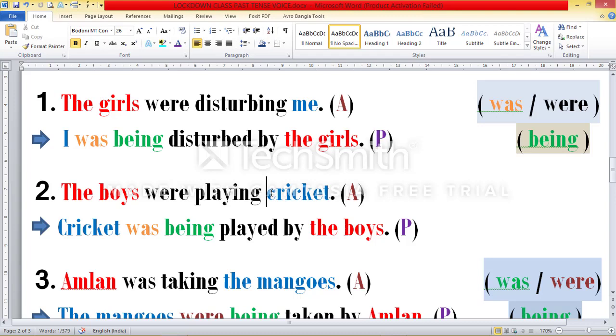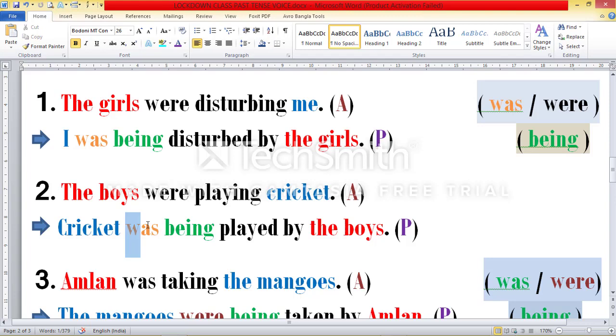So we have come to know that cricket is the object in the sentence, and if we write it as subject, then we have to go to the be verb was or were. Here out of was or were, was will come, because the subject cricket here is third person singular number.